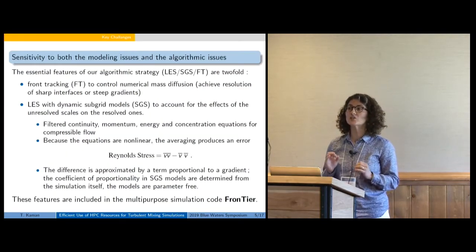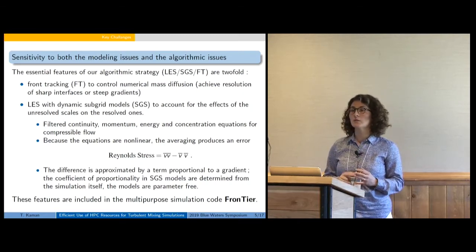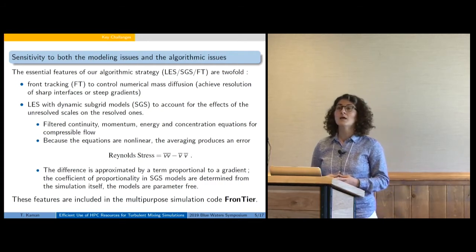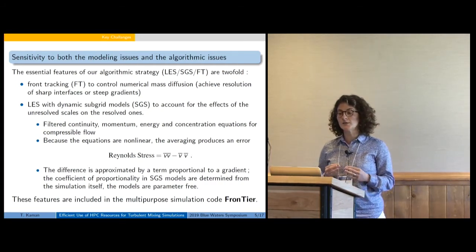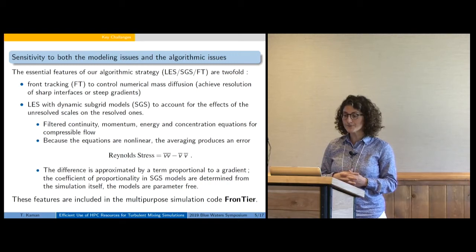So the essential features of our algorithmic strategies are based on Large Eddy Simulations, which are filtered continuity, momentum, energy, and concentration equations for compressible flow, which is coupled with subgrid scale models to capture the small scales in our simulations.